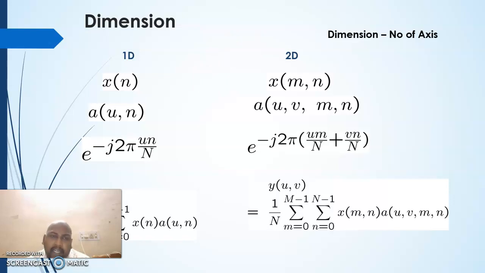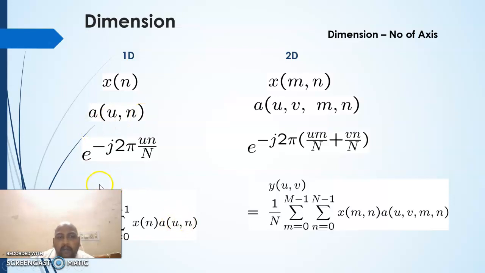When we see about orthogonal transforms, we can create transformation pairs which correspond to one-dimensional and two-dimensional. When we see about one-dimensional, here x of n will be the input, and a of u comma n will be the orthogonal transformation.